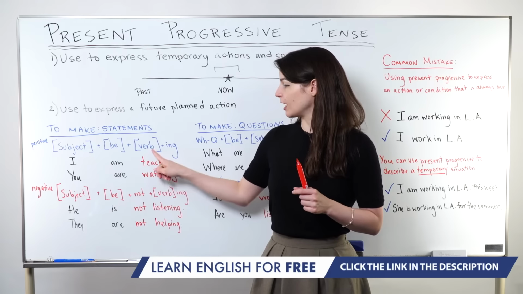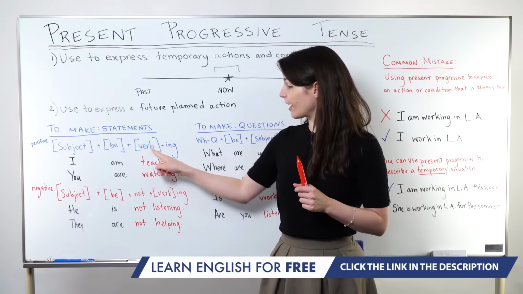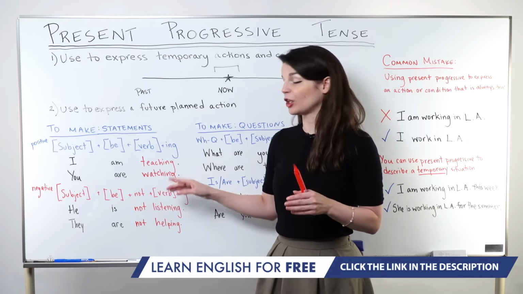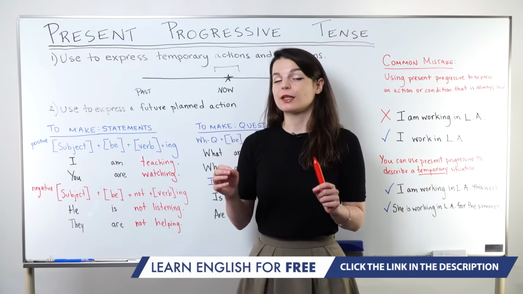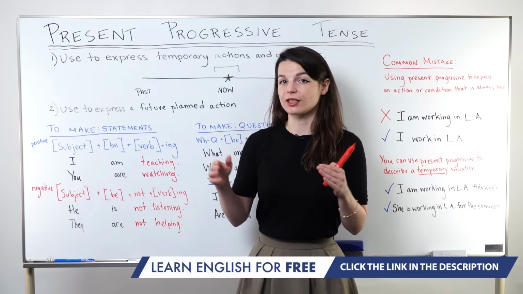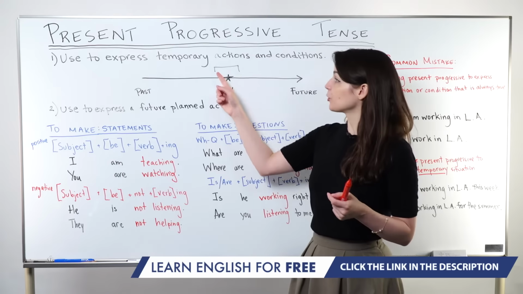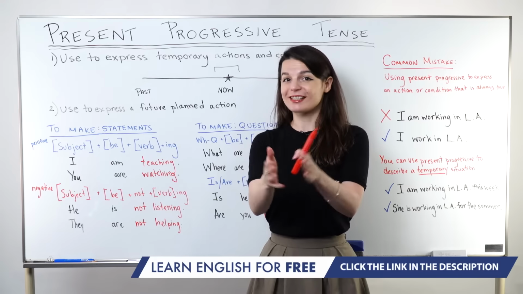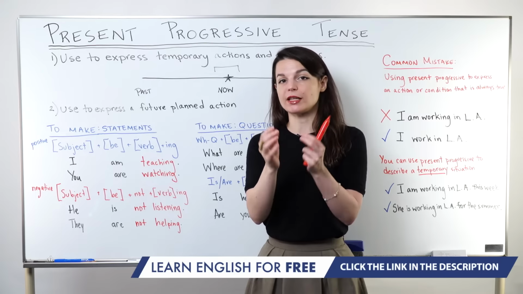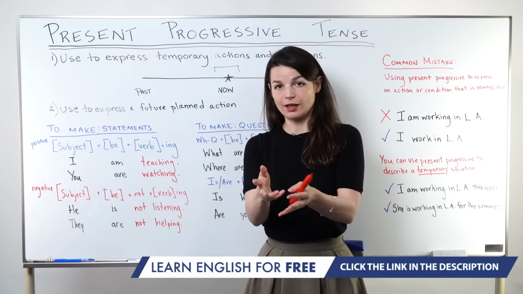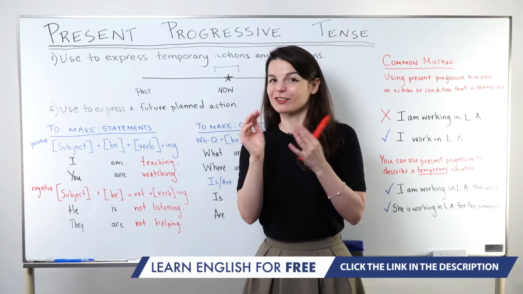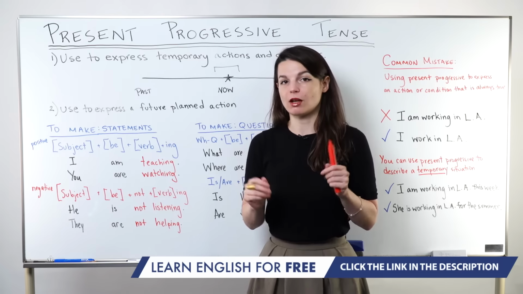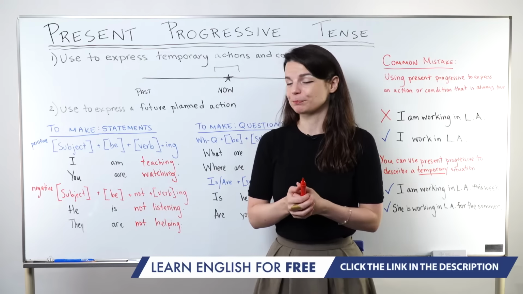So my verb here is watch. In the ing form, it's watching. You are watching. So again, this is a temporary condition, a temporary action. It's true now. So in this moment, your current state or your current action is watching this video. So when this video finishes, you will not be watching this video. It is a temporary action.